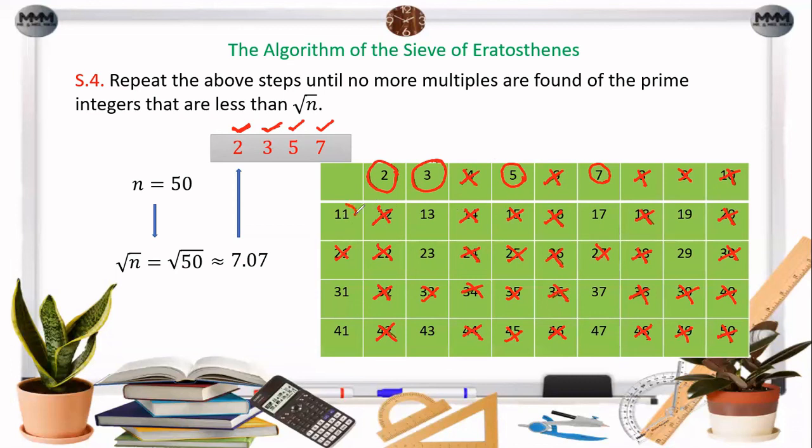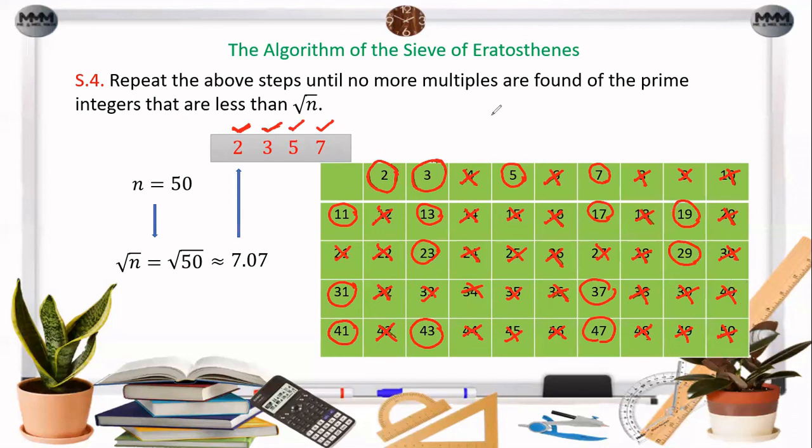Next to 7, we have 11, 13, 17, 19, 23, 29, 31, 37, 41, 43, and 47. So the encircled numbers in our table are all the prime numbers between 2 and 50.